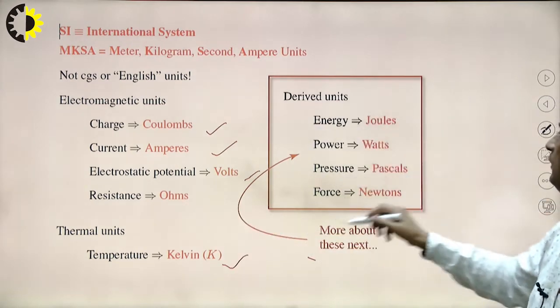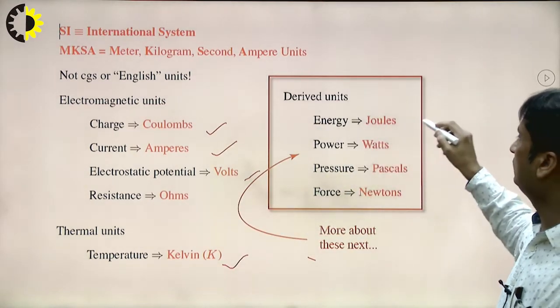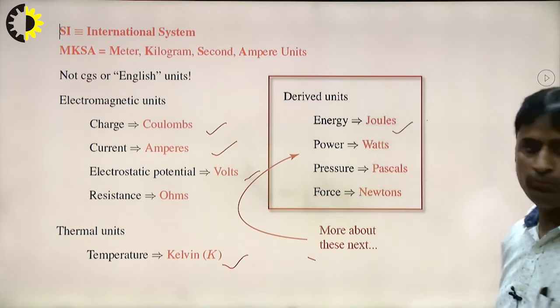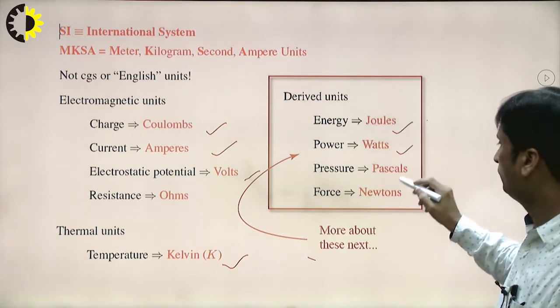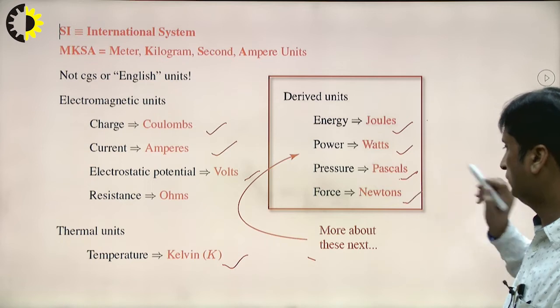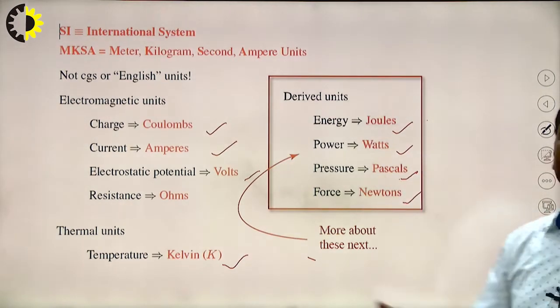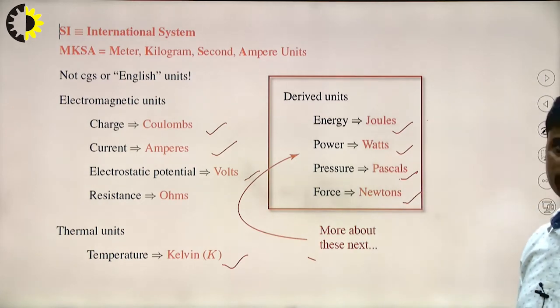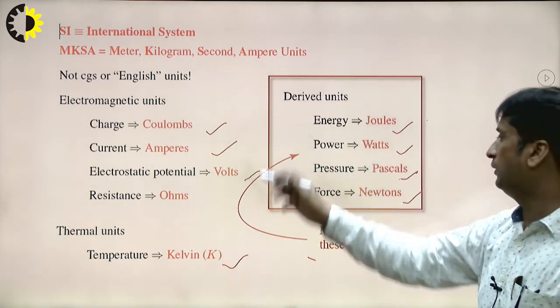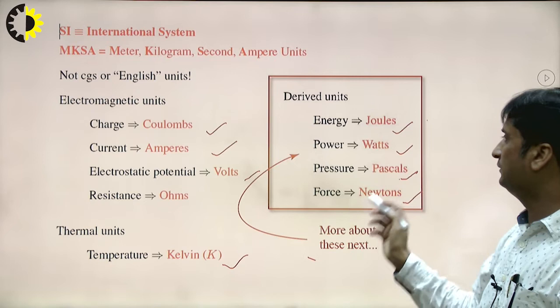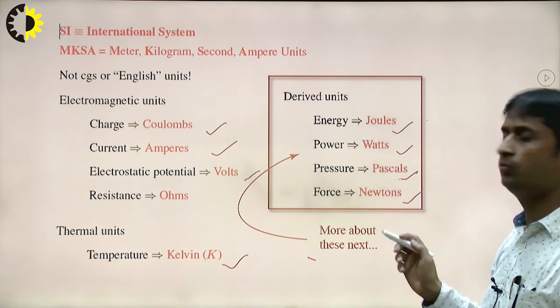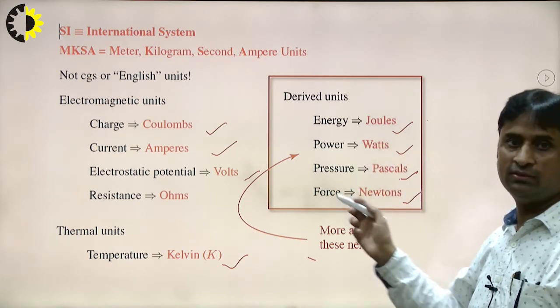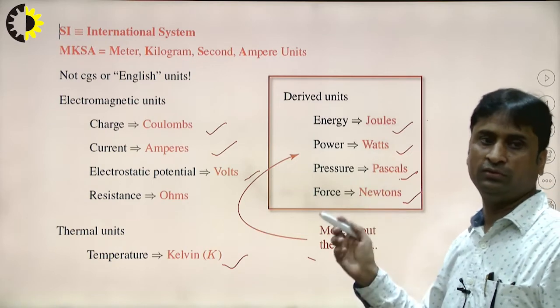From here we derive units: energy is in joules, power in watts, pressure in pascals, force in newtons. These are some units that we are already familiar with from our +2 courses. We have to understand more about these quantities like power, energy, pressure, force. These are what we call derived units.